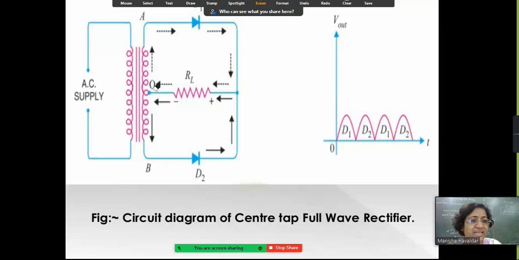In the next half cycle, let's see what happens. Here it becomes negative. This becomes positive.